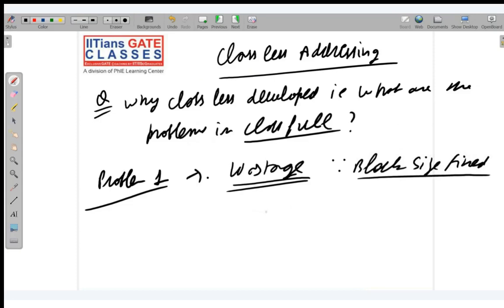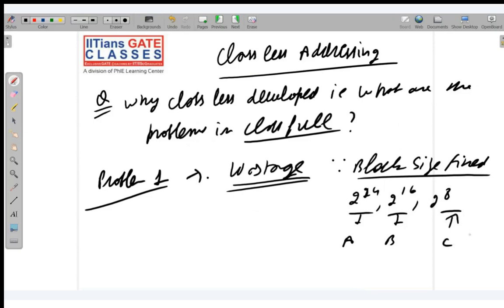That means either you will give 2 power 24 IP addresses, or 2 power 16, or 2 power 8. Only three choices. 2 power 24 demanded, give class A. 2 power 16 demanded, give class B. 2 power 8 demanded, give class C. Okay, that was the basic scenario.